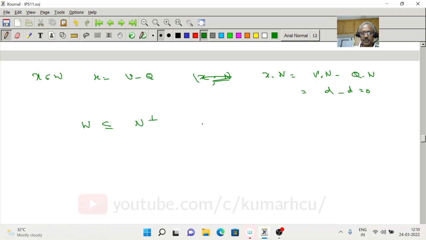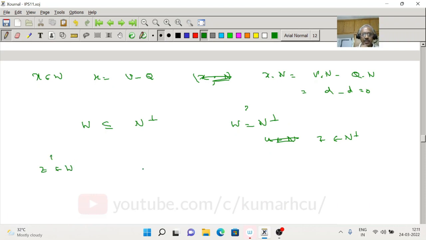Yes. Now I want to claim w equals n perp. How do I do that? Start with any vector, let us call it z, in n perp. I want to say z is in w.